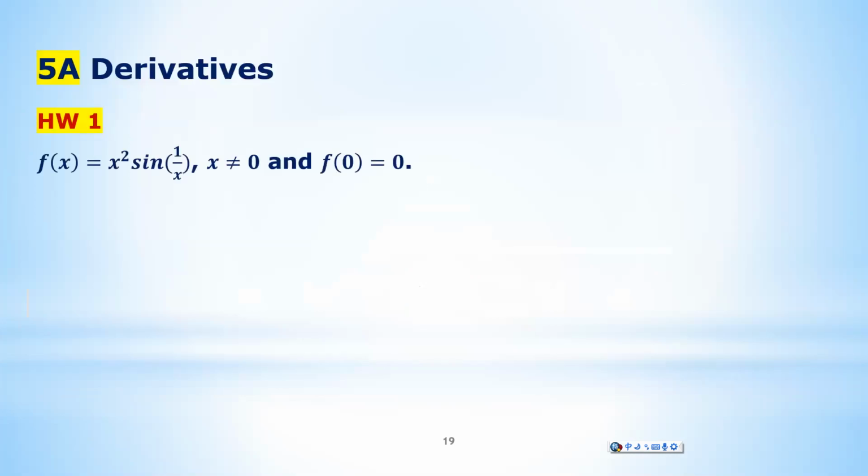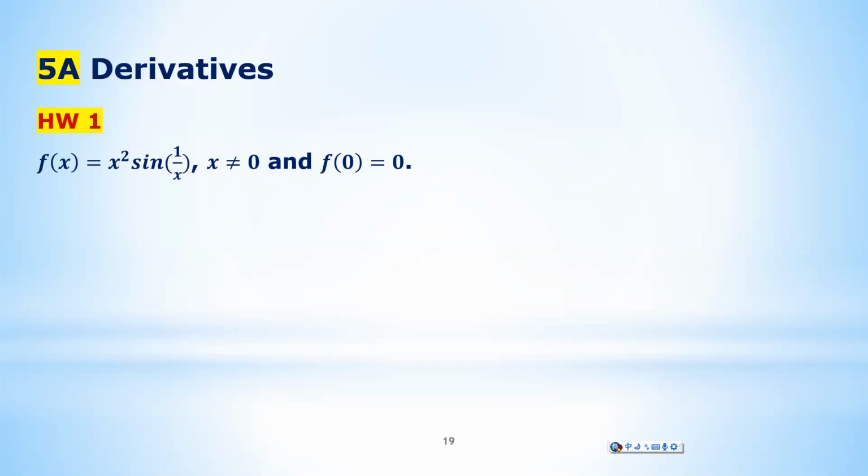Homework number 1. We have a function defined like this: f(x) equals x squared times sine of 1 over x. In the previous chapter, we talked about sine of 1 over x. We know this function at 0 carries a very special discontinuity. The function is discontinuous at x equals 0.